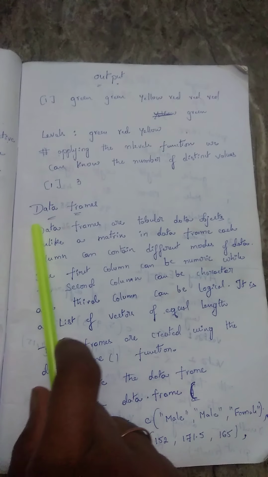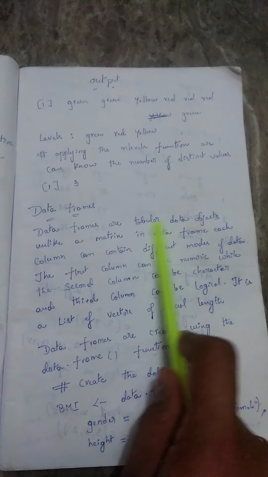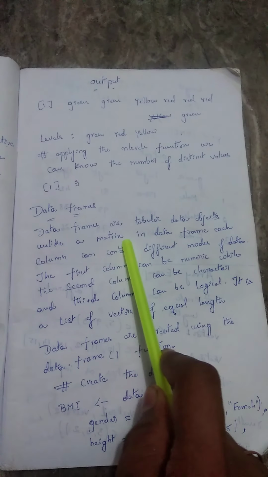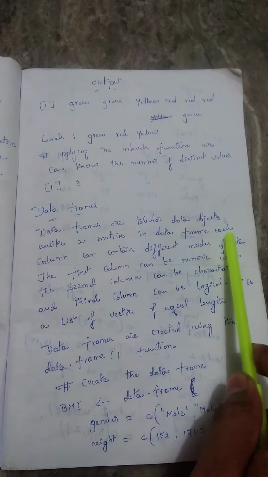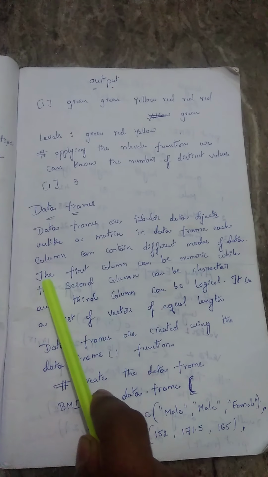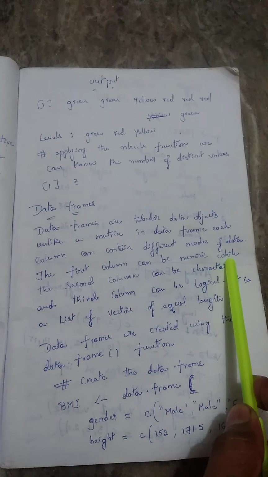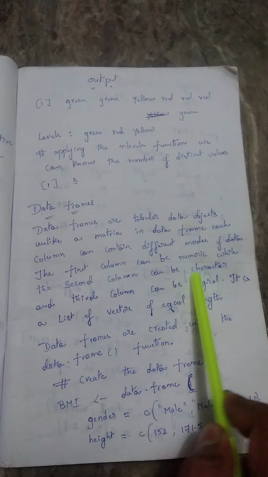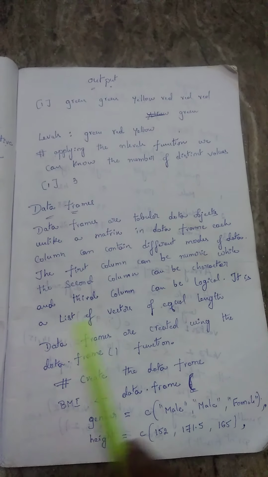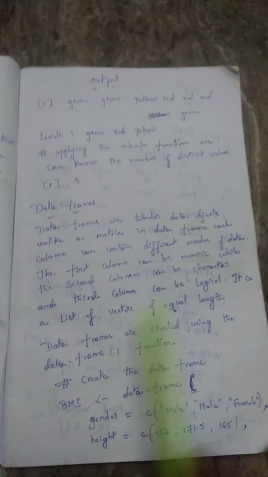Okay, data frames are tabular data objects. Unlike a matrix, in a data frame each column can contain different modes of data. The first column can be numeric, while the second column can be character, and the third column can be logical. It is a list of vectors of equal length.